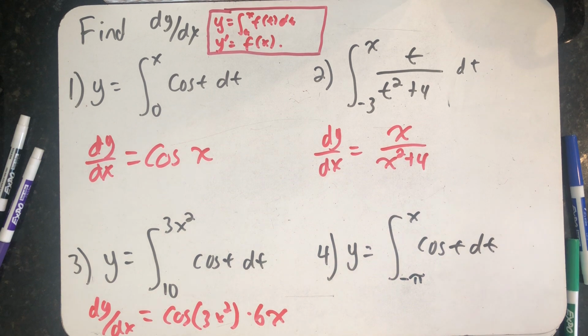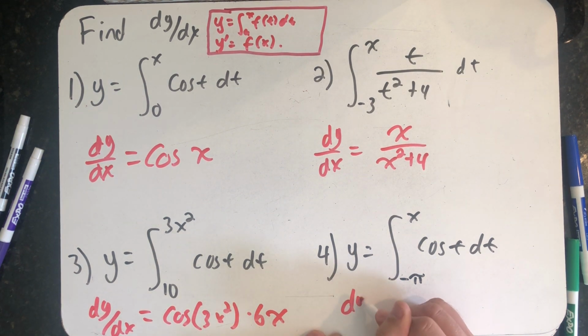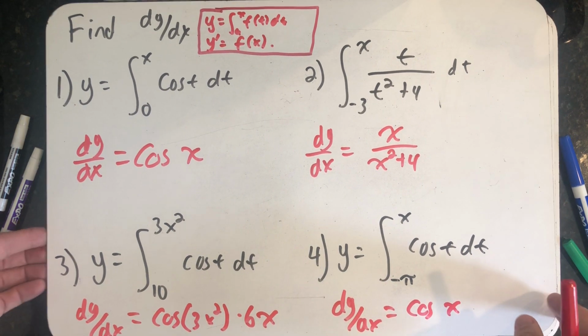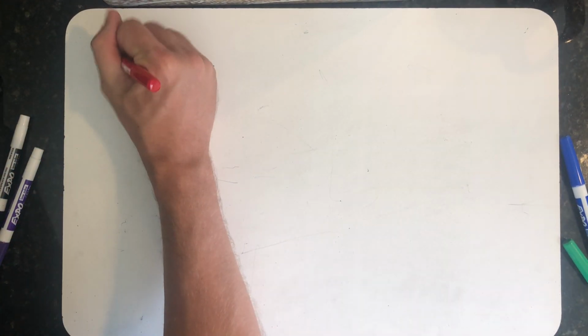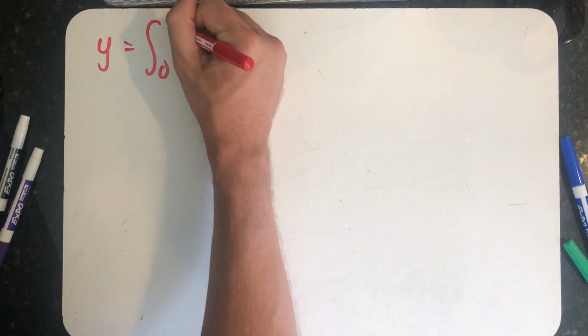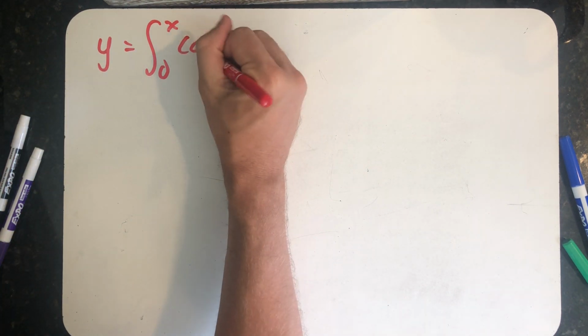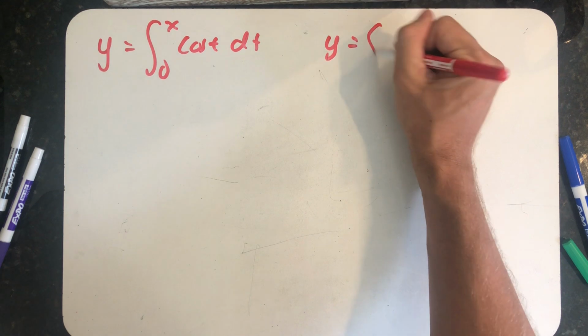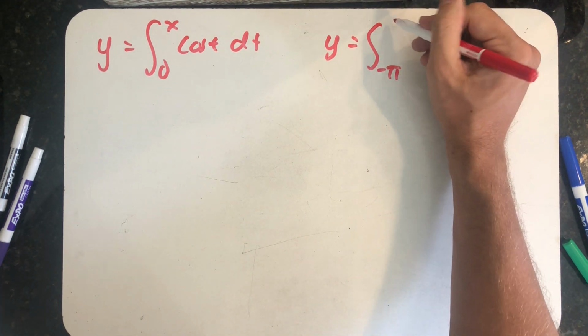So if I believe that, my derivative here should also just be cosine of x. So let's see if we can investigate that just a little bit more to make sure there are no questions. Because I've had students in the past who found this uncomfortable at first, that we've constructed 2 seemingly different functions with the same derivative.